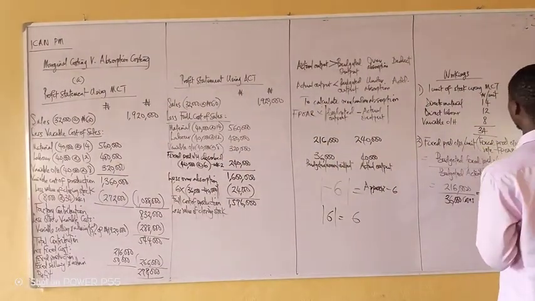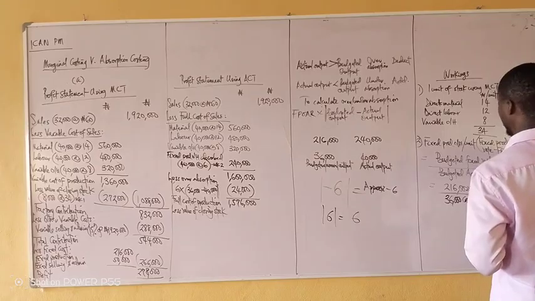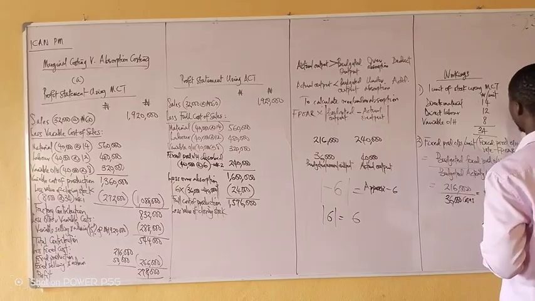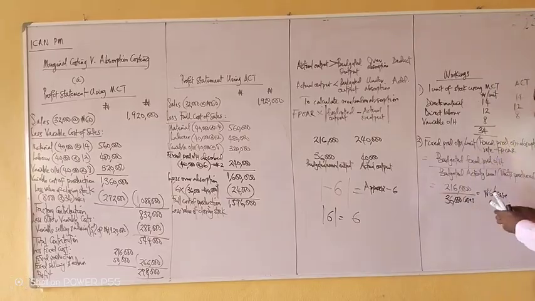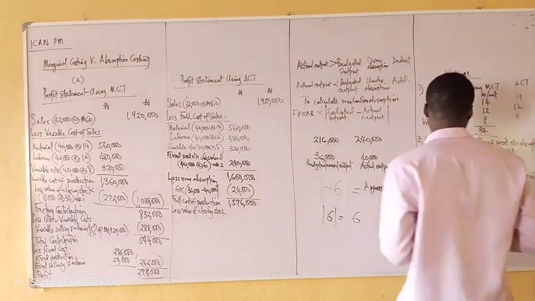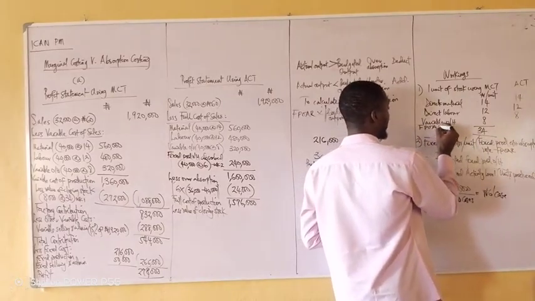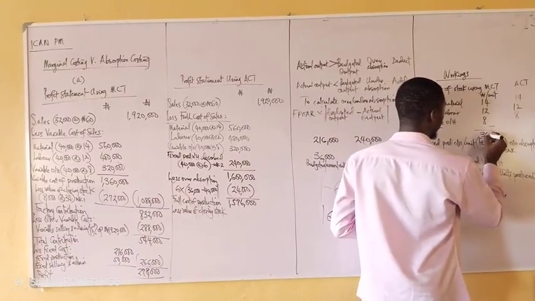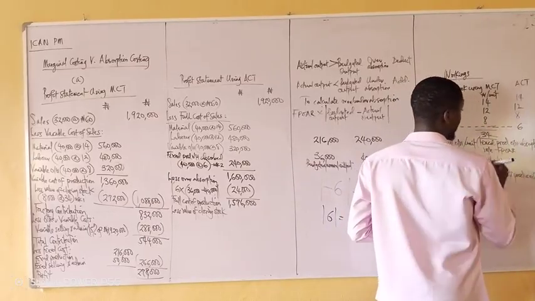I also value using ACT. Using ACT, we'll still have direct material, direct labor, variable overhead, and then we'll have one more. Fixed overhead absorbed, which is the FPOAR, 6.